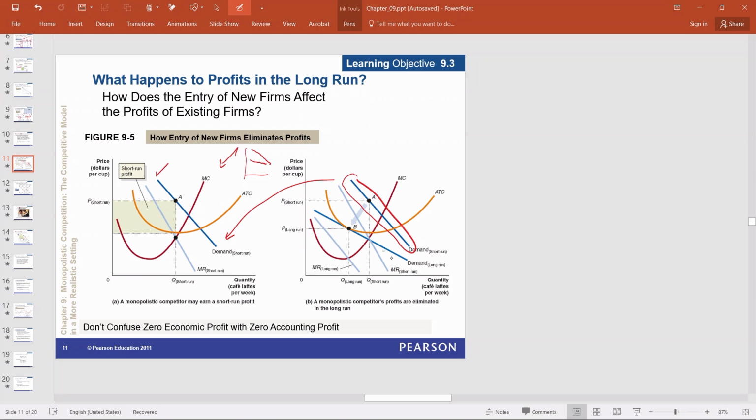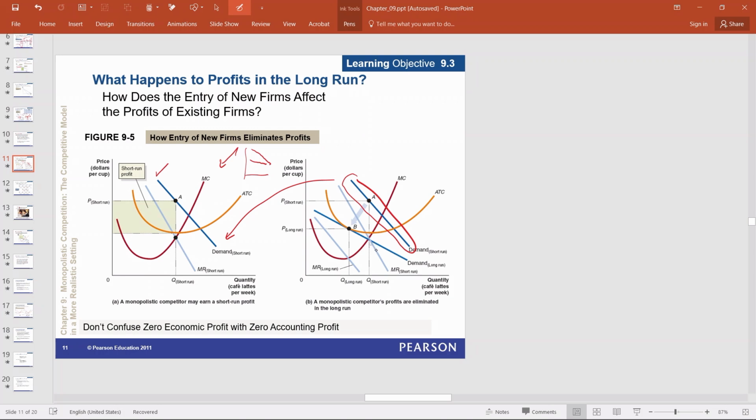So why does it flatten in the long run? Because the market will have more flexibility and more barriers to entry are going to be relaxed. So this will enable more companies to get in and even more companies to get out. So that's why the curve flattens.